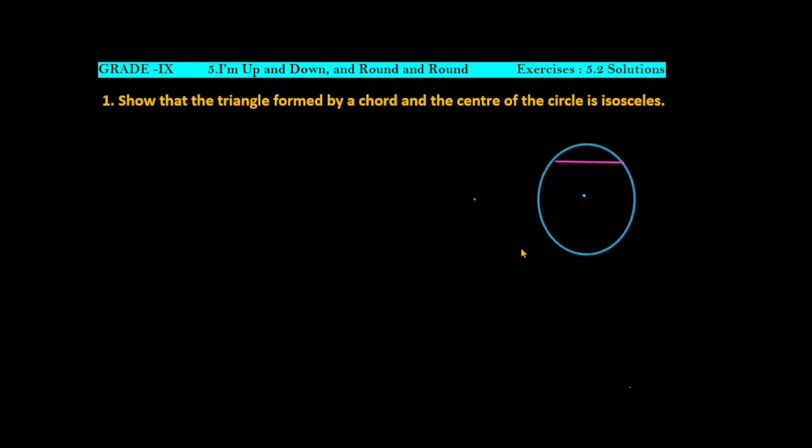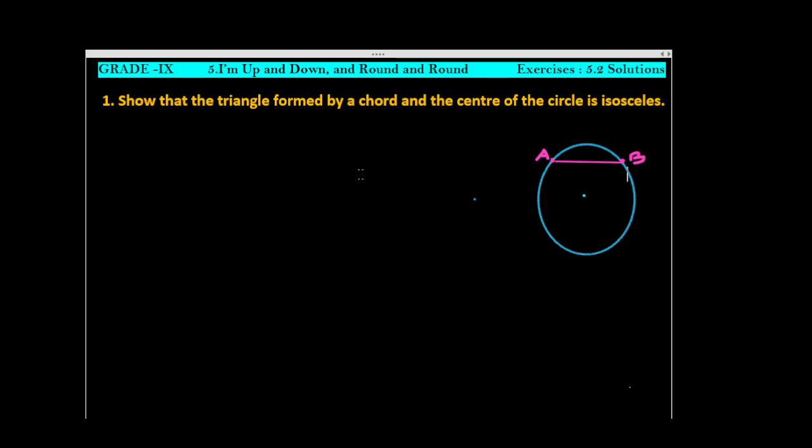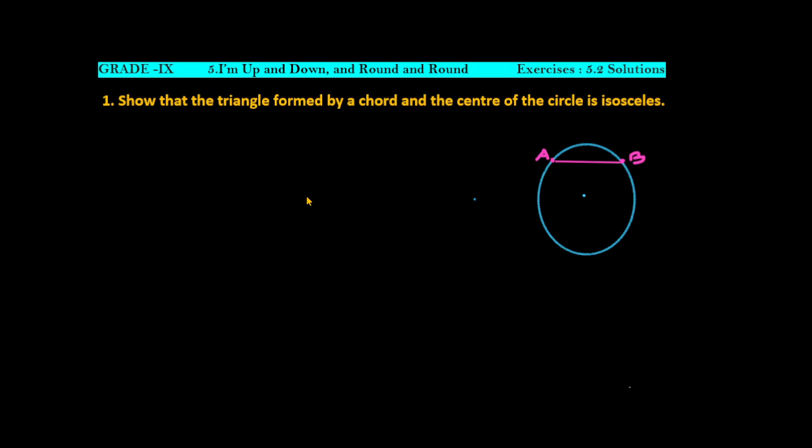If this is our chord AB, a triangle formed by a chord and the center. I said O is the center. Here, center O. Now we need to join this and make a triangle.